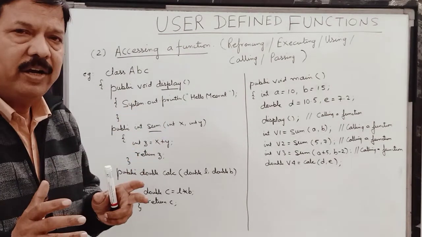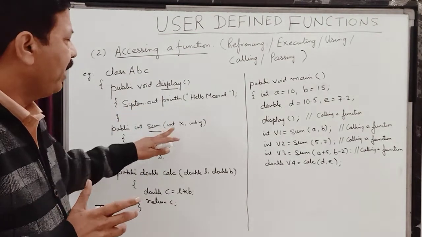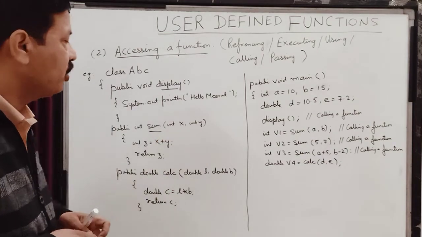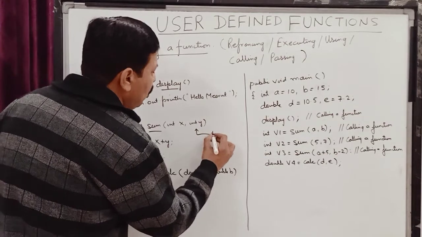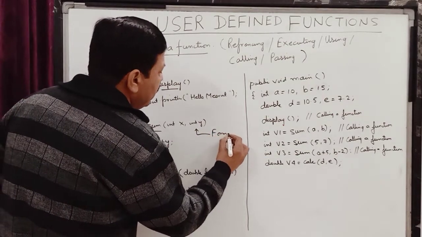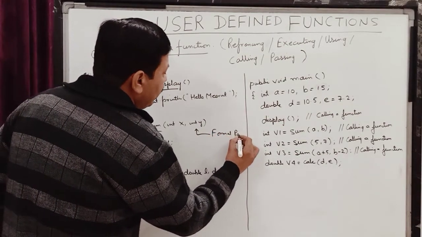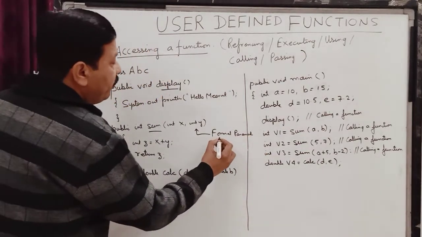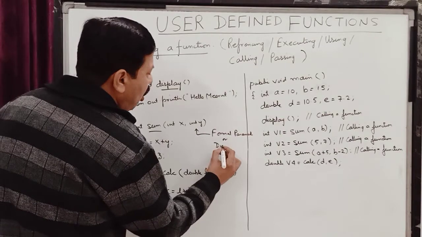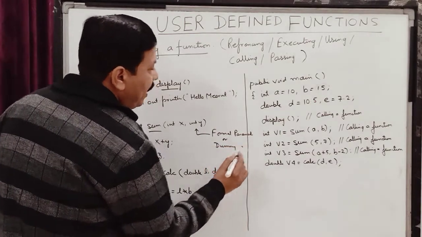The parameters or the arguments which we write at the time of defining a function are called formal parameters. We must know the names of them. They are called formal parameters or arguments. They are also called dummy parameters, formal or dummy parameters.